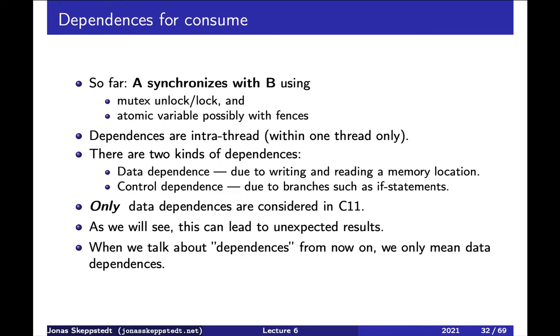The first is data dependence. That means that, again this is within one thread, there is one data item that is written, and a later instruction reads this data item. And the other is control dependence.